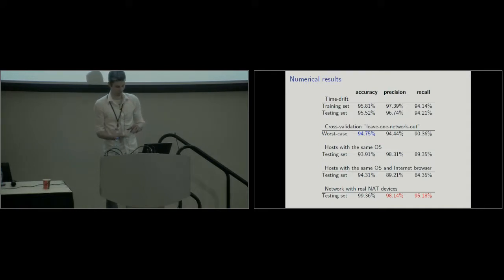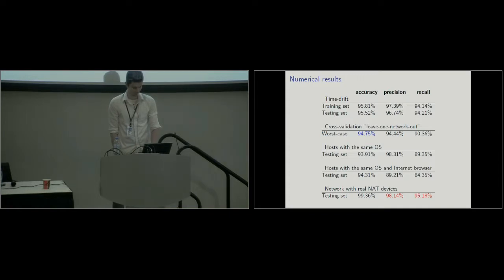And we do it for all combinations, and we showed the worst case. This scenario simulates the situation when we learn the detector on our network and we want to use it on a previously unseen network. So we considered this result as the representative one.